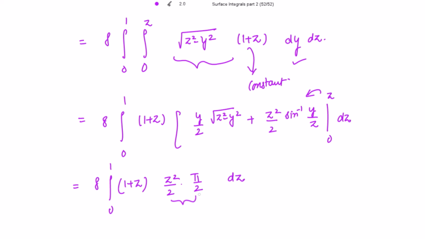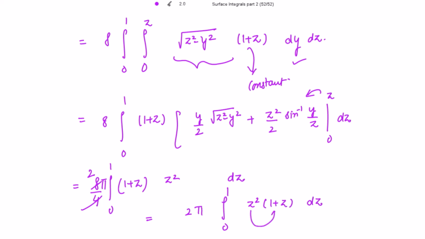The denominator becomes 4, and taking this denominator outside, and also taking pi outside of this integral, this gets cancelled with this, and we get 2 pi. So this is 2 pi times the integration of z² into (1 plus z) dz.